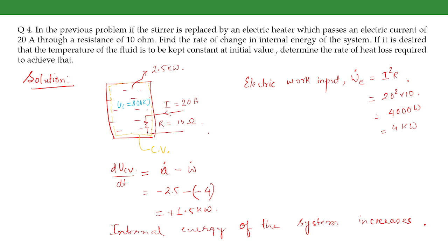Now what we have been asked for is, if the temperature of the fluid is to be kept constant, then we are asked to determine the rate of heat loss required to achieve that. Okay, so increase in the internal energy implies increase in temperature. So to keep the temperature constant, essentially we have to keep the internal energy constant.